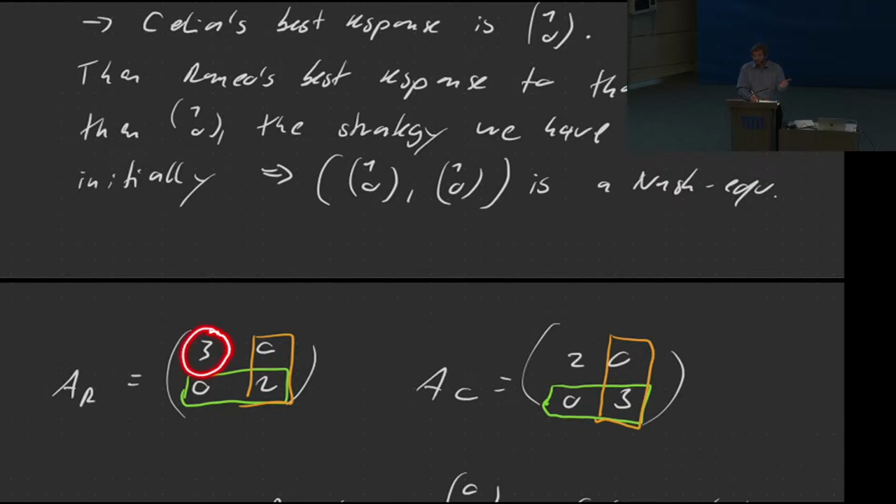If that was a zero-sum game, that means Celia would have to lose 3. That is not the case. She gains 2, right? So obviously this is not a zero-sum game. Zero-sum basically means you play for money and the winning player gets something from the losing player and vice versa. That's the classic play-for-money situation between two players.